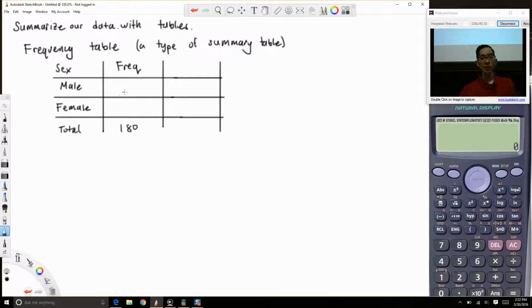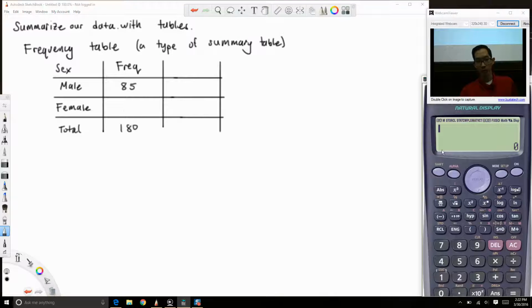Okay, and so we can say if there's 180 students total, maybe 85 are male, which makes 95 females.